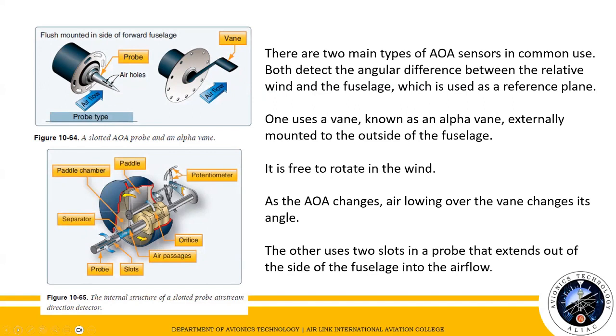So the slots lead to different size movable paddles in the chamber of the unit just inside the fuselage skin. So as the AOA varies, the air pressure ported by each of the slots changes and the paddles rotate to neutralize the pressure.